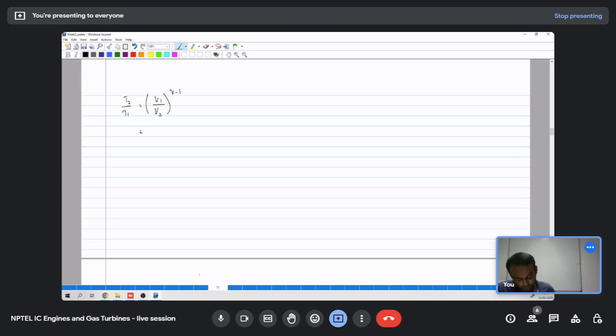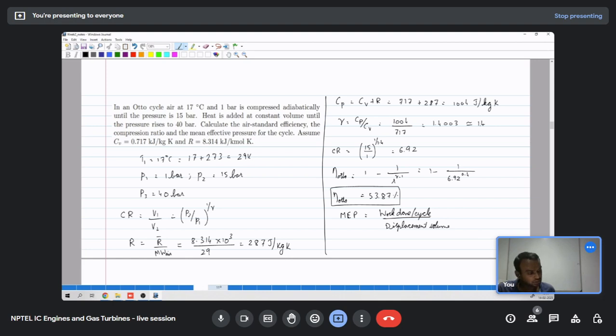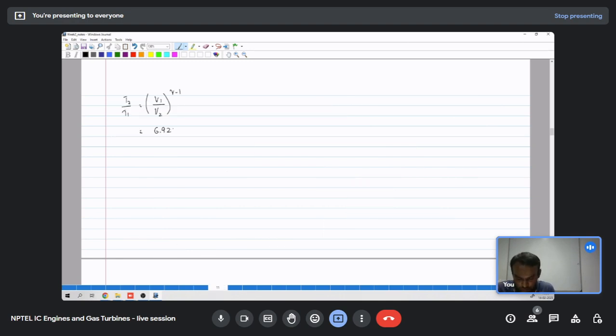So V1 by V2 is the compression ratio, that is 6.92, whole power 0.4, into T1.